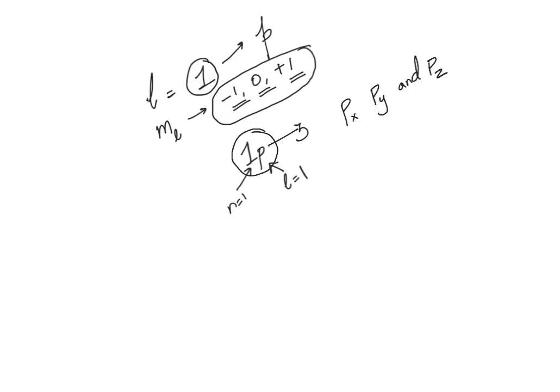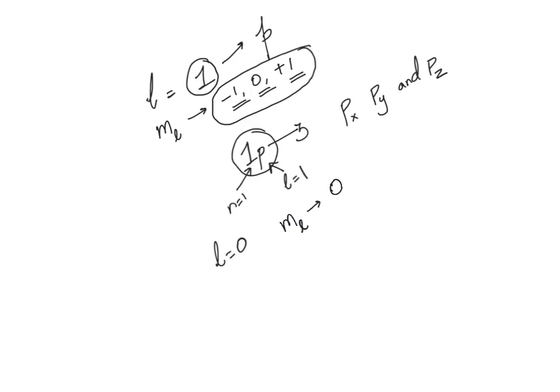Now if you have L equal to 0, then m sub L is 0, only one orbital.